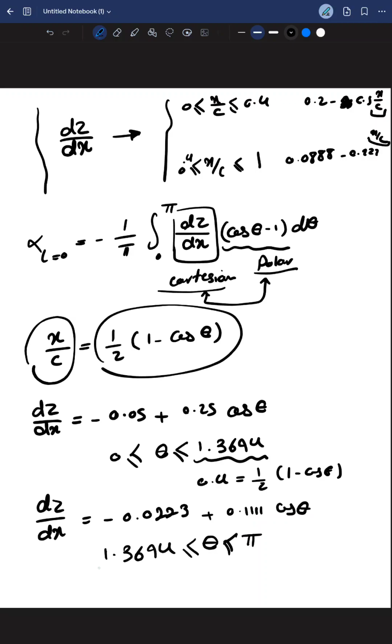It's very important to keep in mind that this is in radians, not gradients, not degrees. You can do degrees if you want, but you have to be consistent everywhere. This is very, very important.